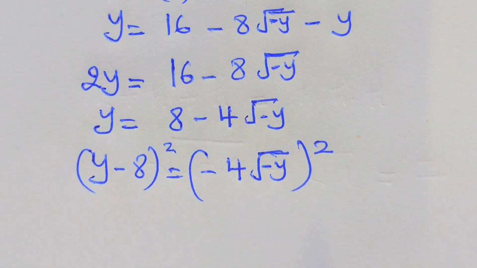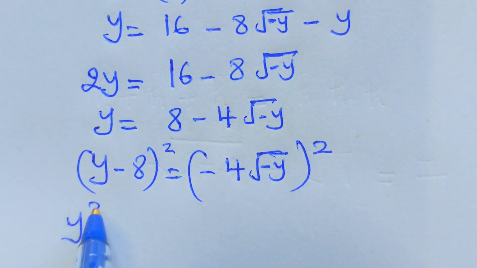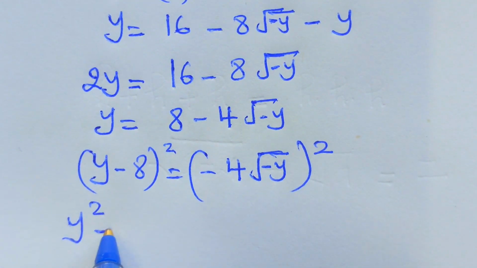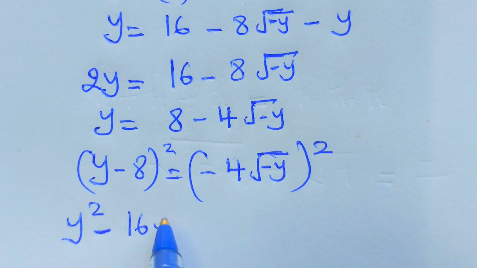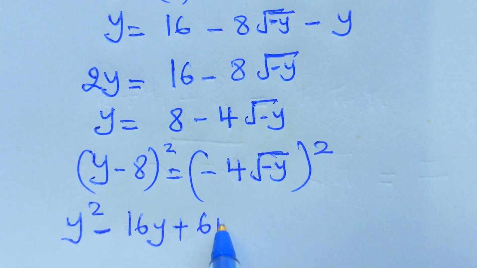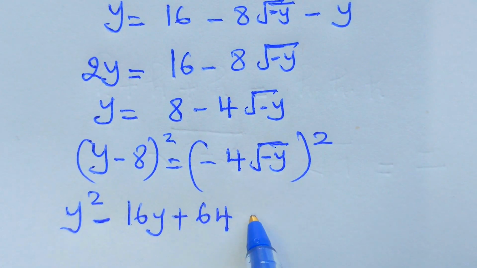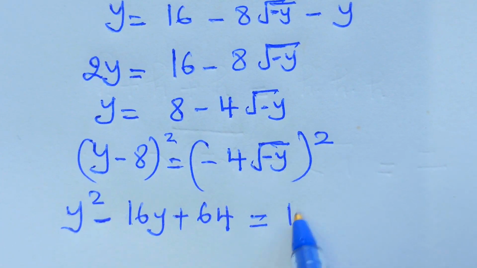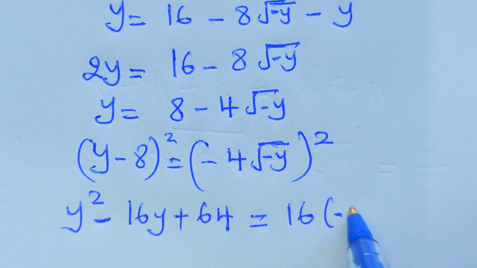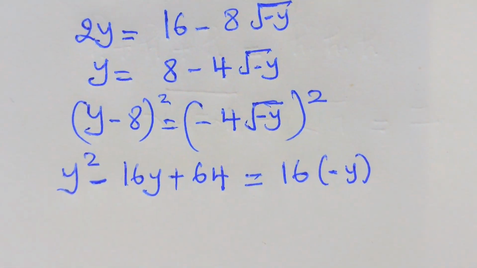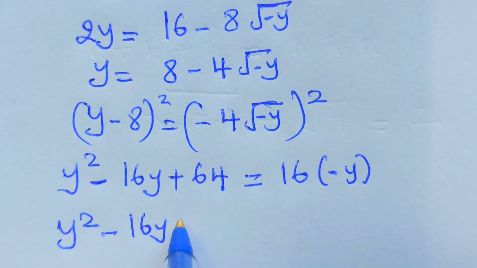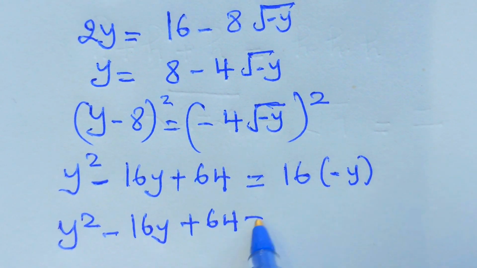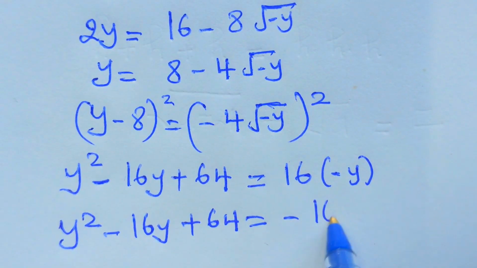so we shall get y squared minus 16y plus 64, right? And this will be 16 times negative y, and of course this is y squared minus 16y plus 64 equals negative 16y.